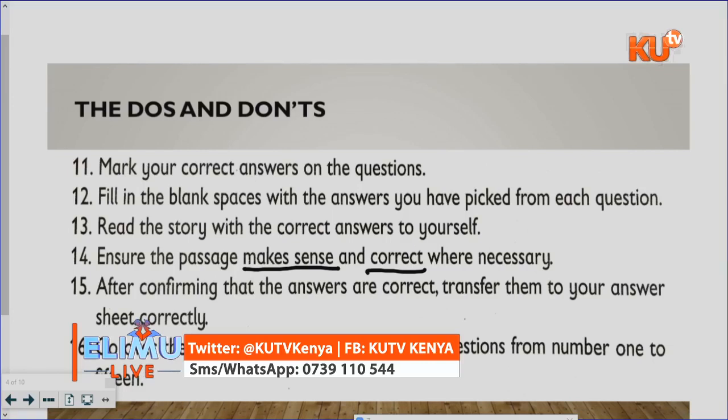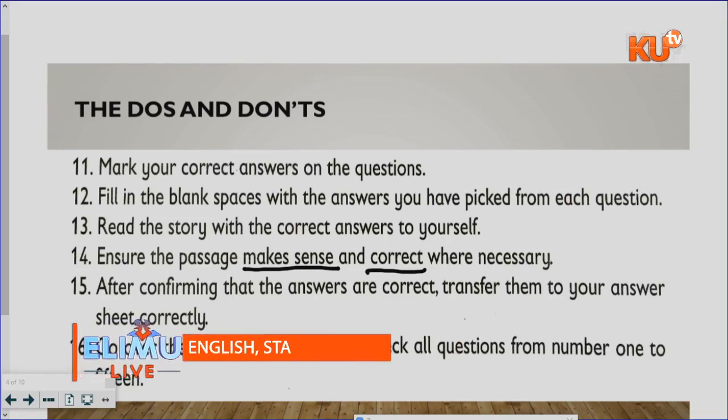Because if you transfer wrongly, these multiple choice questions will give you wrong results, because if you confuse, let's say, a number, then you will transfer wrongly all the subsequent numbers, and you will not get it right.